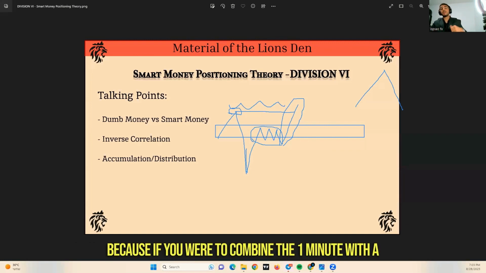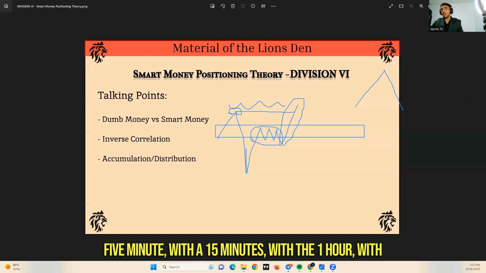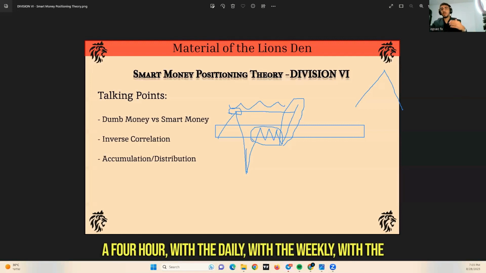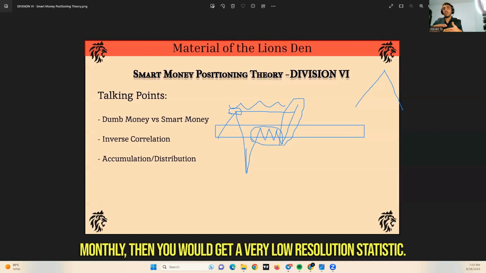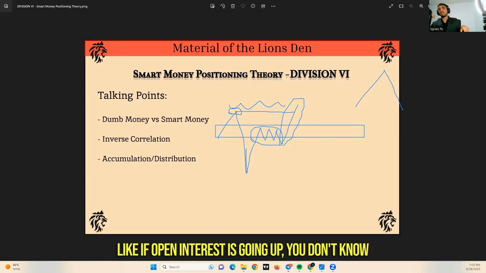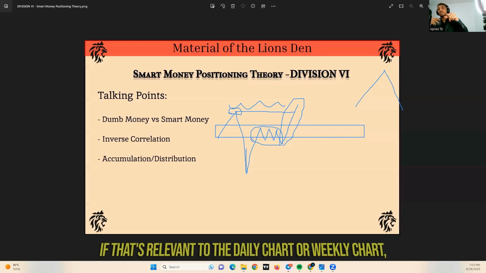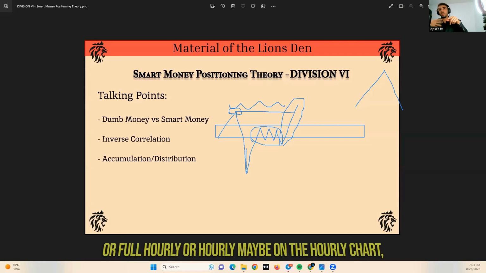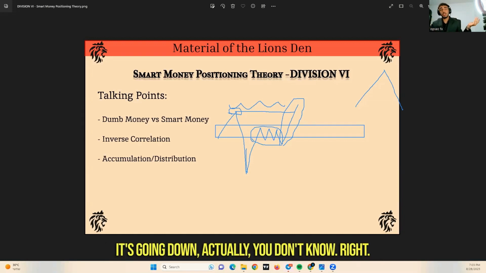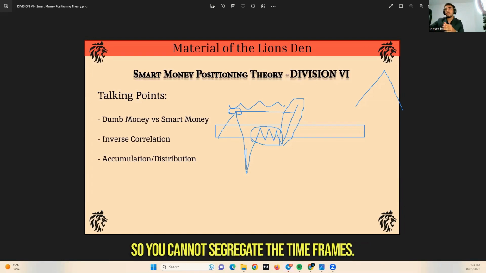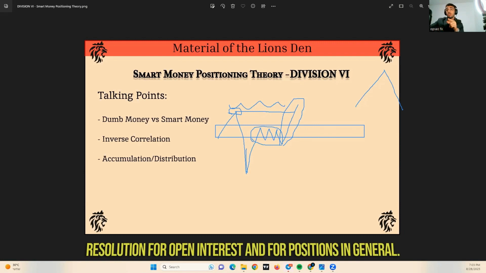Because if you were to combine the 1 minute with a 5 minute, with a 15 minute, with a 1 hour, with a 4 hour, with the daily, the weekly, the monthly, you would get a very low resolution statistic. If open interest is going up, you don't know if that's relevant to the daily chart, weekly chart, 4 hour or hourly. Maybe on the daily, maybe on the hourly chart, it's going down actually. You don't know, right? So you cannot segregate the time frames, and that's why the data you'll find online is low resolution for open interest and for positions in general.